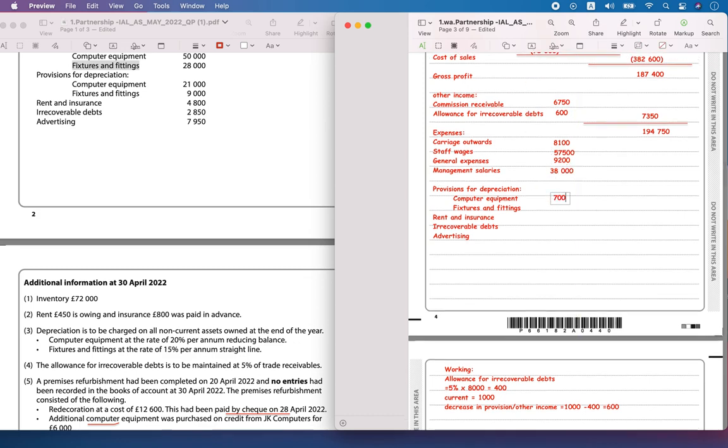So let's write that. The expense is 7,000, and for fixtures and fittings we had 4,200.